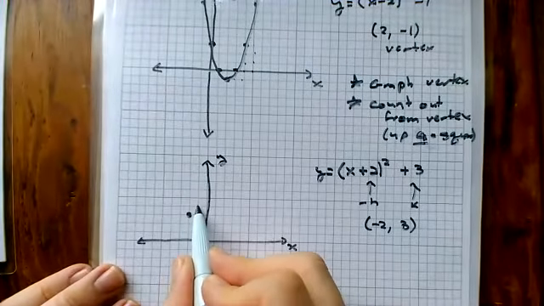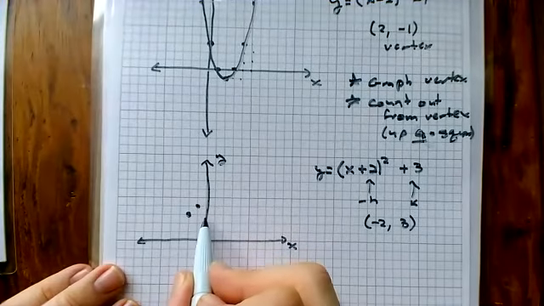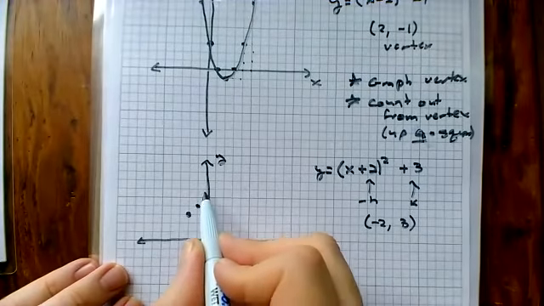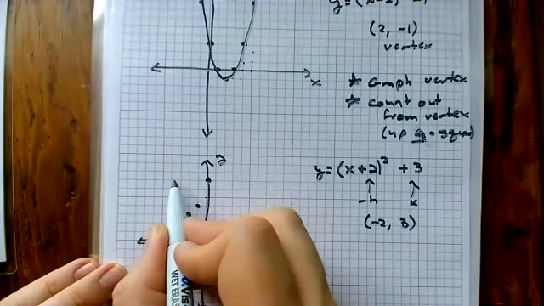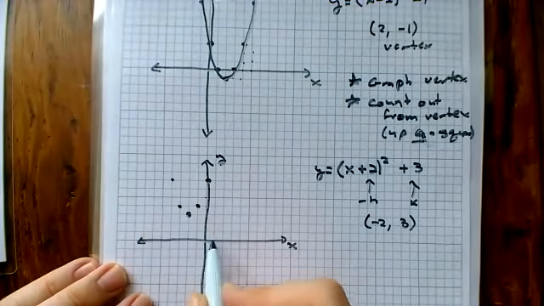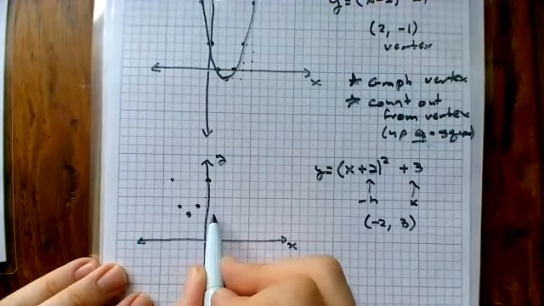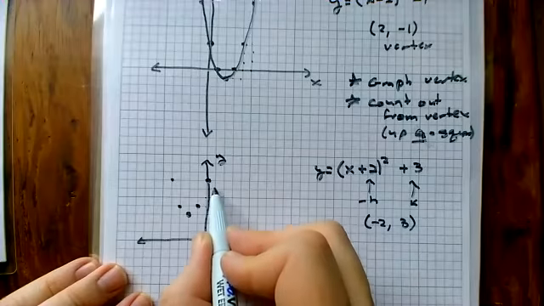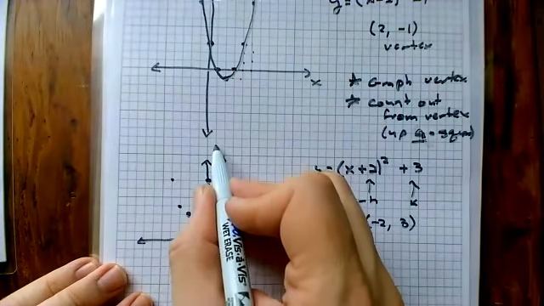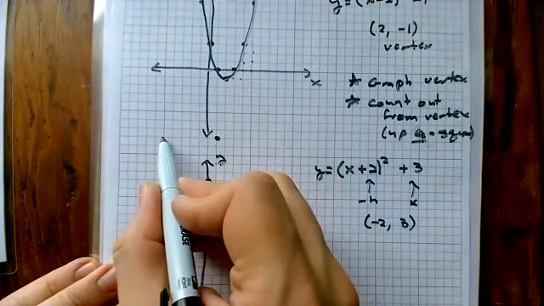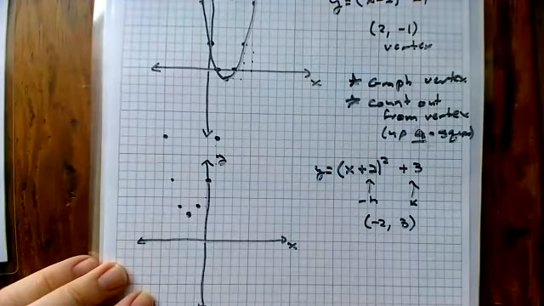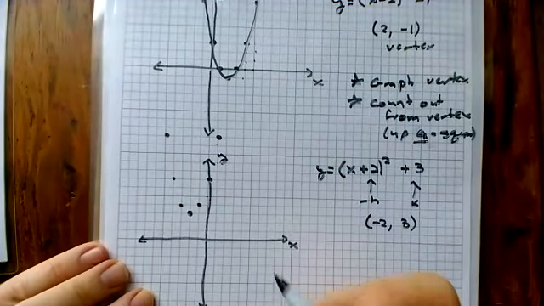It moves out 1 and up 1. It moves out 2, it moves up 4. It moves out 3, it moves up 9. So somewhat above where I had drawn my axes even.